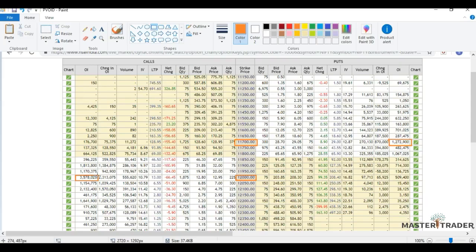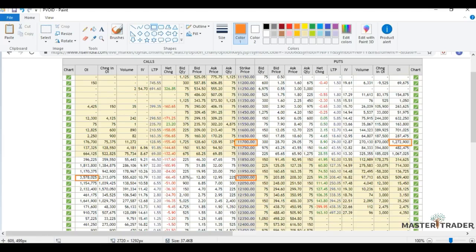If somebody is selling a call option, does that mean they are bullish on the market or bearish? This simply means that this many traders are bearish on the market. So 35 lakh contracts have been written at the 12,000 level, which means this many contracts are bearish at this particular level, 12,000.